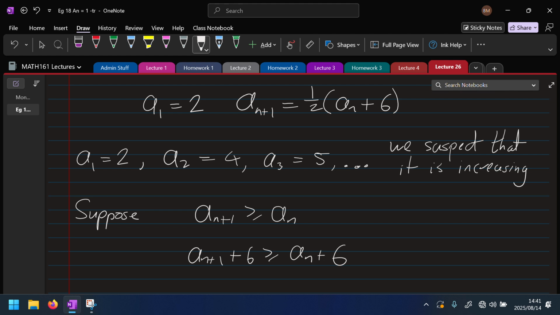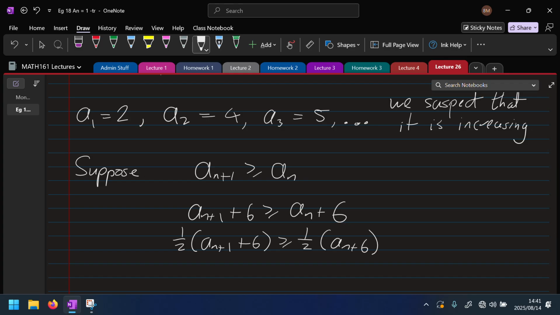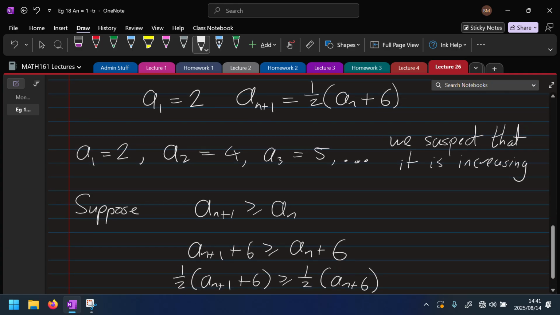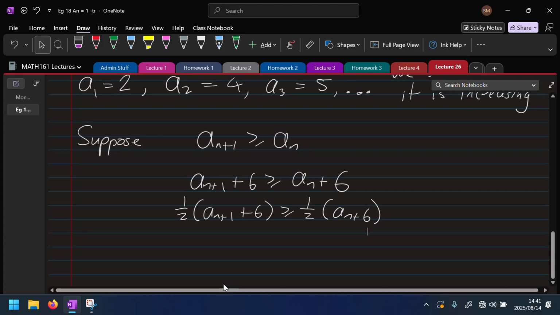What do we have to do next? Yeah. So what does that right-hand side become? a(n+1). What's this left-hand side? a(n+2). Good.